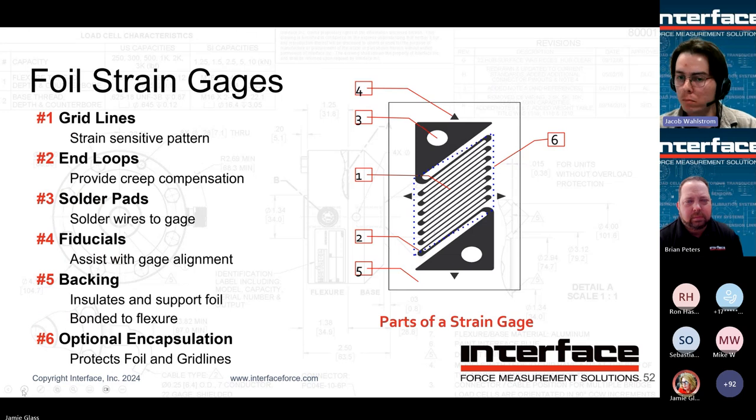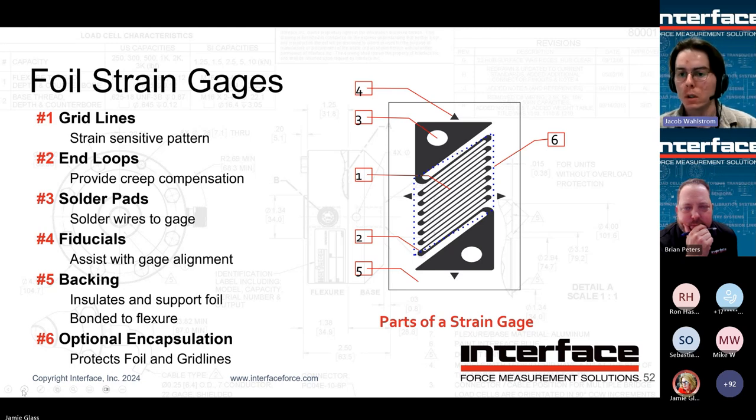So here's a strain gauge up close. And the grid lines are those thin lines that are going across the gauge. End loops are the thicker sections at the end of the grid lines. The solder pads are what you make your connections with.